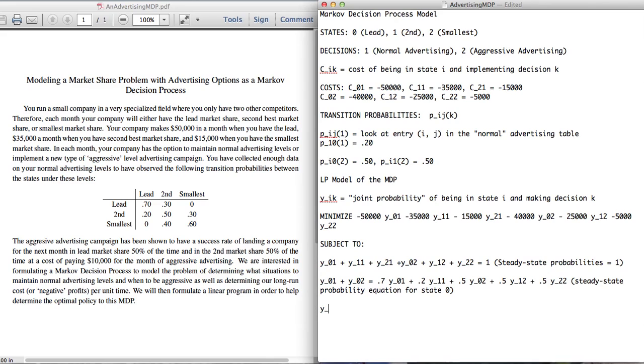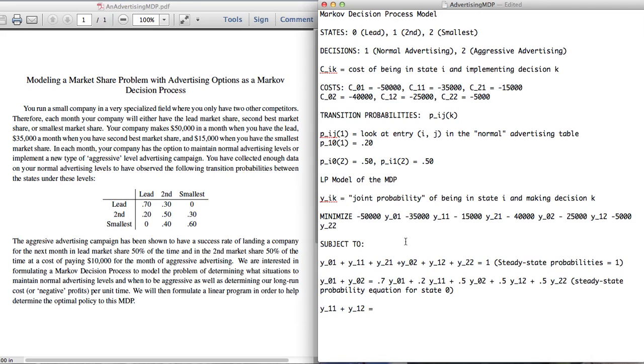So we look at Y11 plus Y12, the probability of being in state 1. Then we look at all the ways we can end up in state 1.